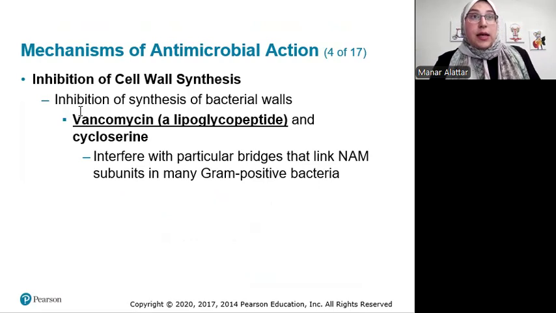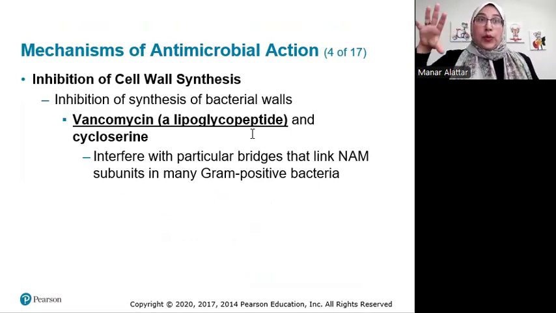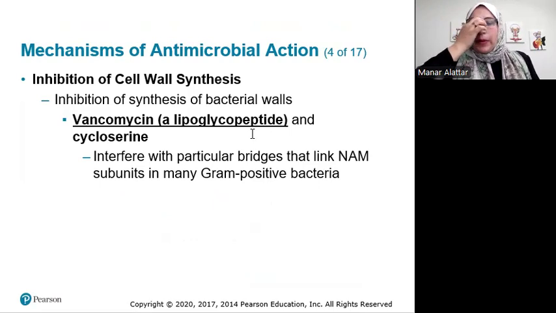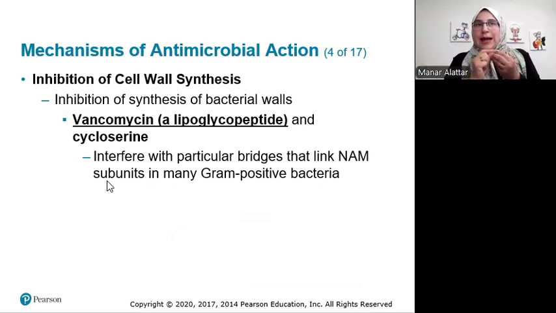Then you have other ways of disrupting the integrity of the cell wall. So we have lipoglycopeptides. That's a group of antibiotics, and an example is vancomycin, which you might be familiar with. They interfere with the peptidoglycan cell wall in a slightly different way, in that they actually inhibit the connection between the NAG and NAM subunits in the first place.